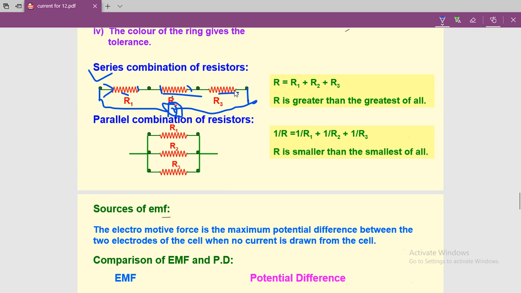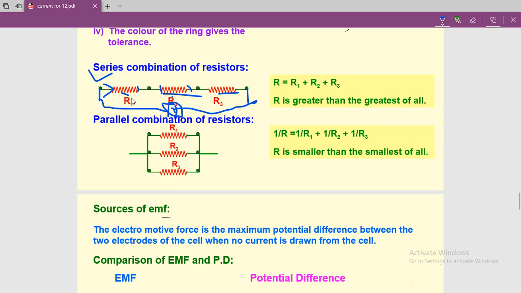This one is a very important point: current I flowing through R1, R2 and R3 is the same. Second, if R1, R2 and R3 are different, meaning they are not equal, then the potential difference across each resistor is different. But if R1, R2 and R3 are equal, then the potential difference across all the resistors is the same. This is a very important characteristic of series combination of resistors.